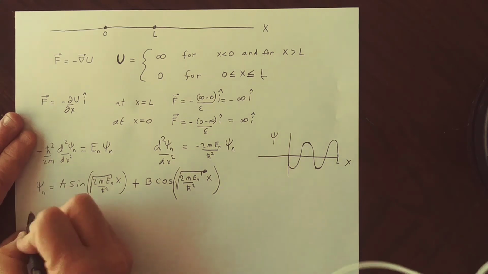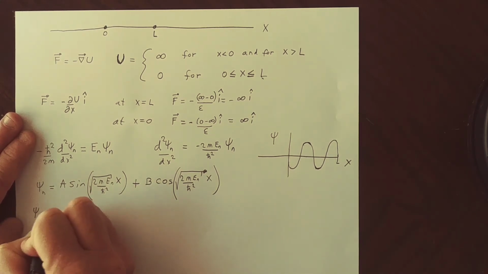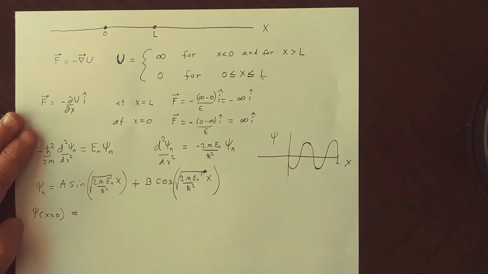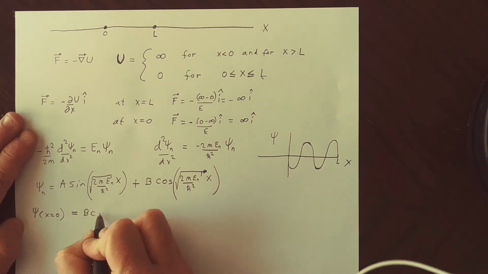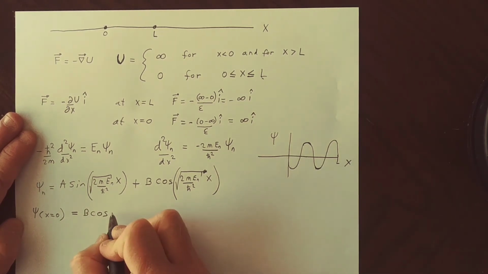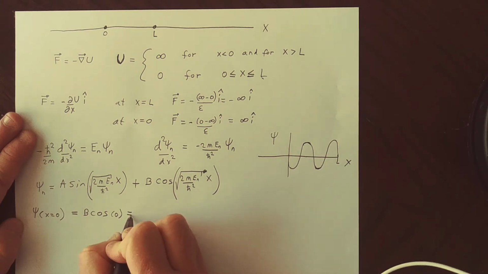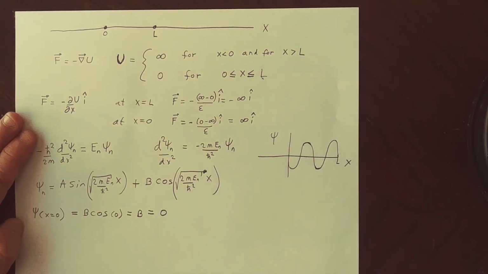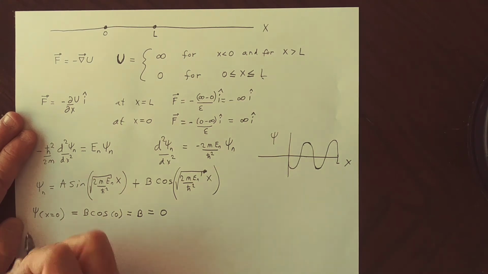And then we impose our boundary conditions, so psi of x equals 0 at x equals 0. The sine term becomes 0, and we have b cosine of 0, which is just b, but this has to be 0 because the function has to be 0 at x equals 0, so that tells us that b is 0, and the cosine term disappears.